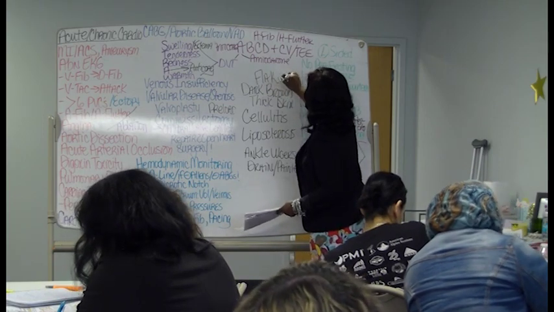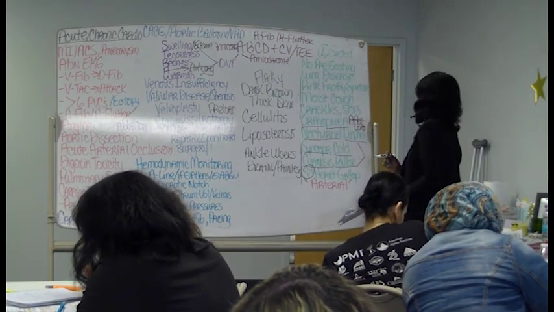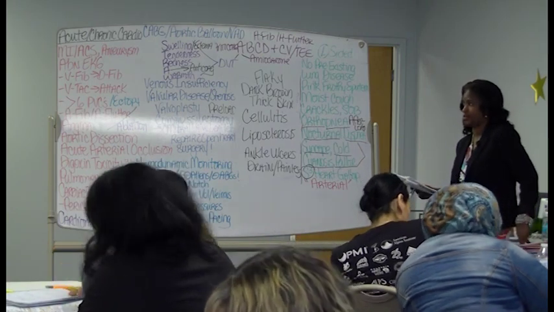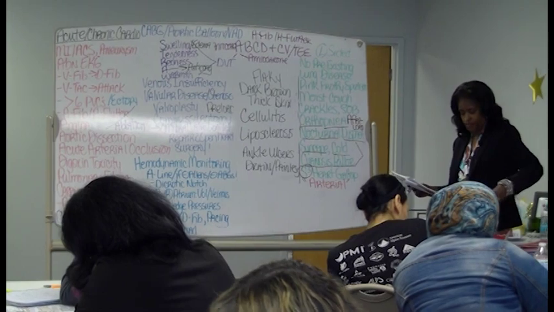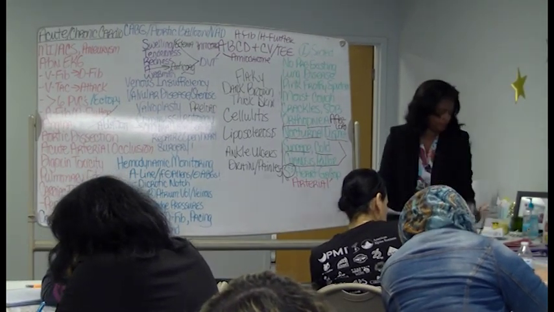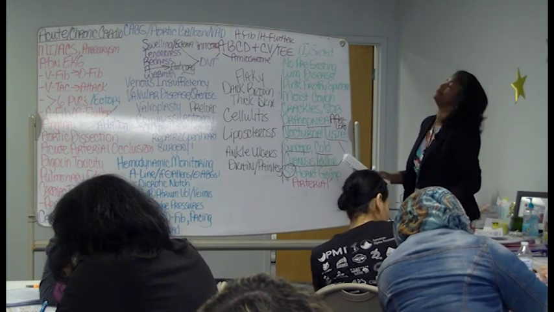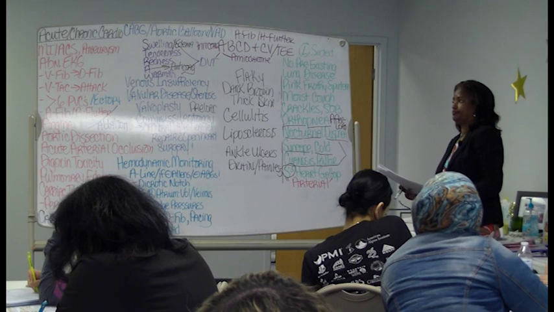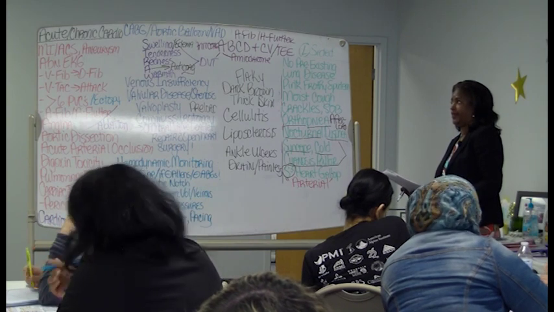That was on there. Flaky, dark brown, thick skin. So the risk factors include pregnancy, obesity, estrogen, immobility.